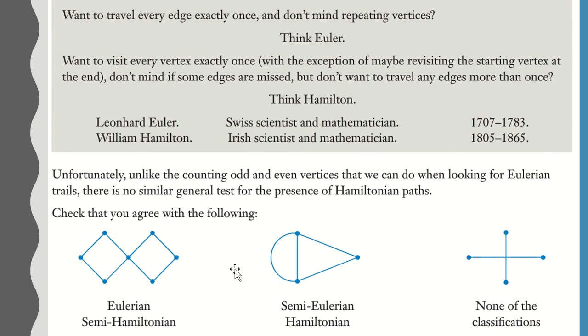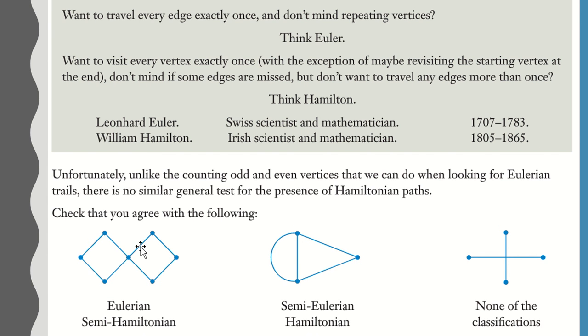And for any given network, we can give them a Eulerian classification and also a Hamiltonian classification. The Eulerian classifications are completely Eulerian, which we would just call Eulerian. And if it's not completely Eulerian, then it's semi-Eulerian. And obviously can be none as well. And if it's Hamiltonian, then it can either be completely Hamiltonian or just semi-Hamiltonian.